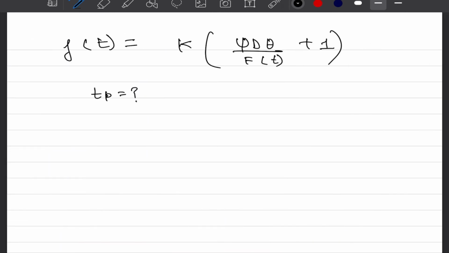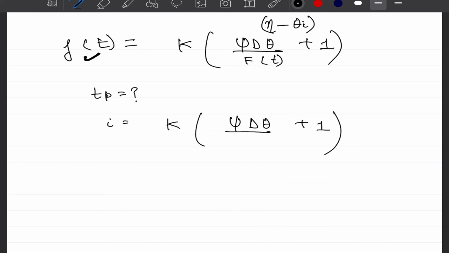Now it is fairly straightforward. What we will do here is that ponding would happen when the rate of infiltration becomes equal to the rate of precipitation. So this should be equal to I. K is a property of soil, suction is a property of soil, and the moisture deficit, eta minus theta, is also a property of soil. So we will keep them untouched.